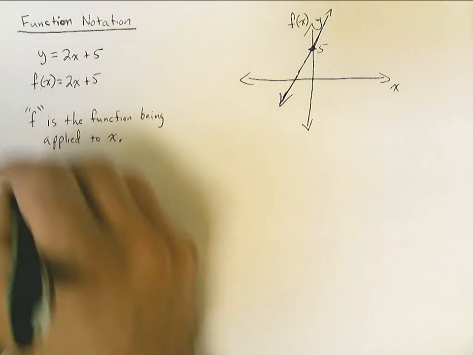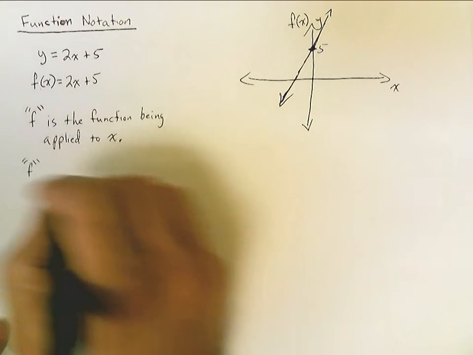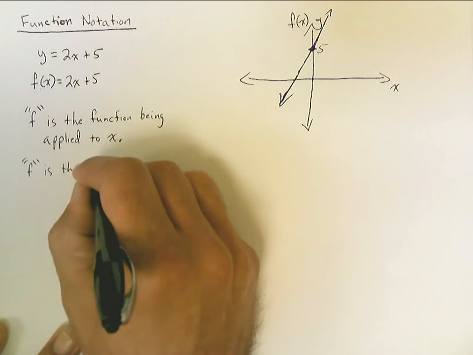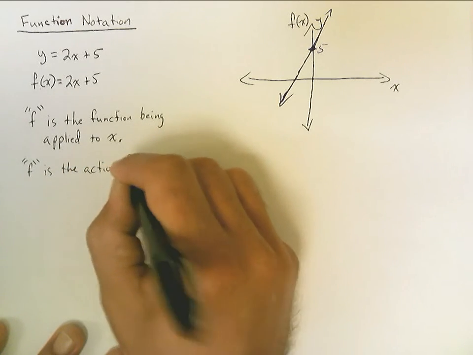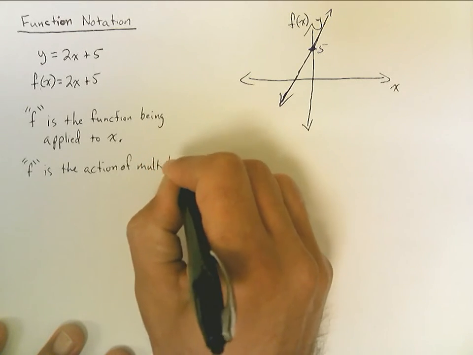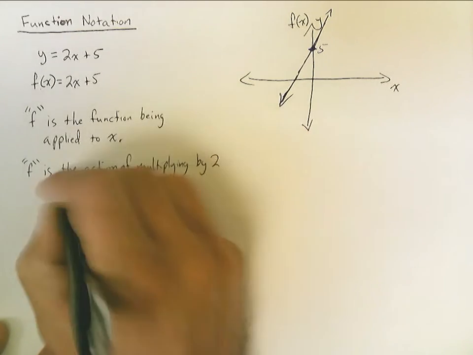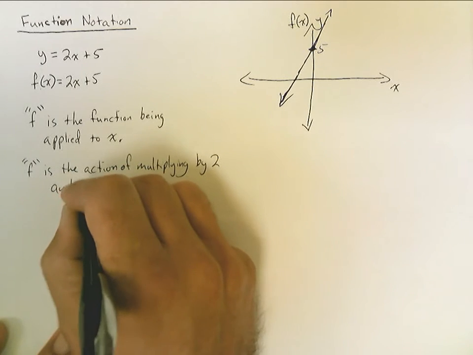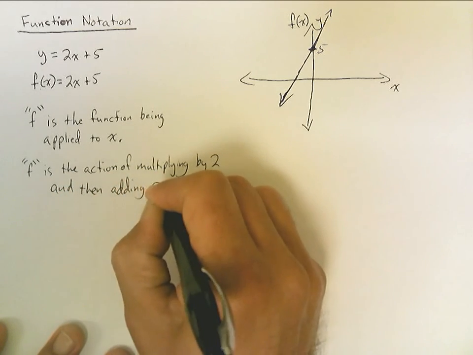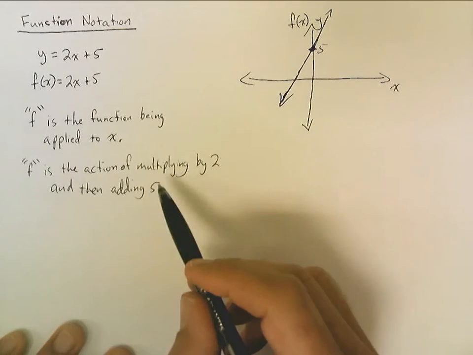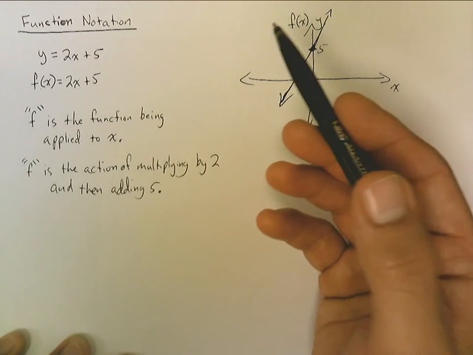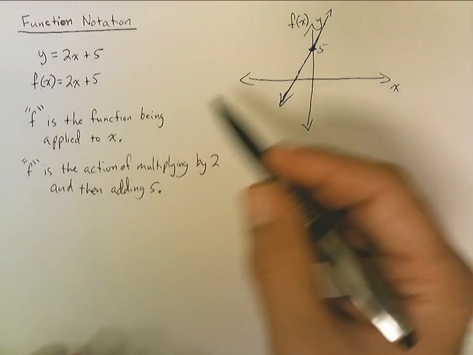In this case, f is basically the action of multiplying by 2 and then adding 5. So we're focusing on what's being done to x. Okay? Because that's really kind of the important part.